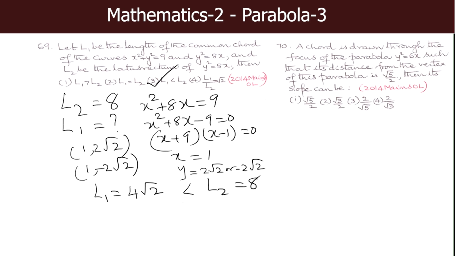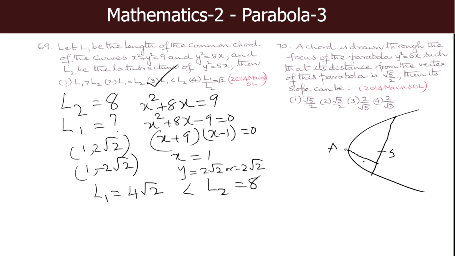Next question, also 2014 mains online. A chord is drawn through the focus of the parabola y square equal to 6x such that its distance from the vertex of this parabola is root 5 by 2. Then its slope can be. Well, the chord is drawn through the focus of the parabola. Its distance from the vertex of the parabola is root 5 by 2.